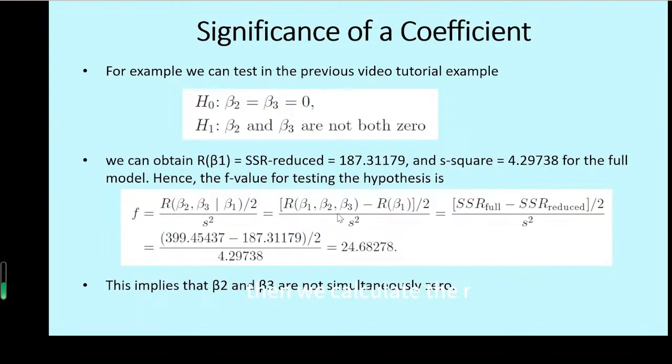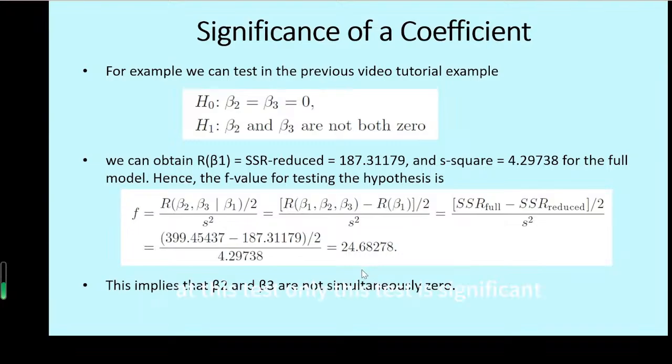Then we calculate the RSS for the whole model minus RSS for only one variable, beta 1. Then divided by 2 in the numerator. Then the denominator is S squared. So we have all these values filled in, then we get F-test statistic 24.68278.